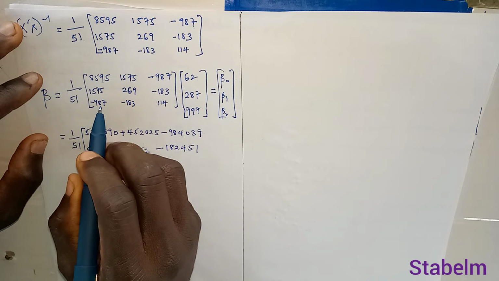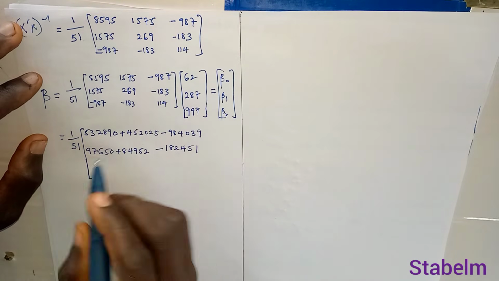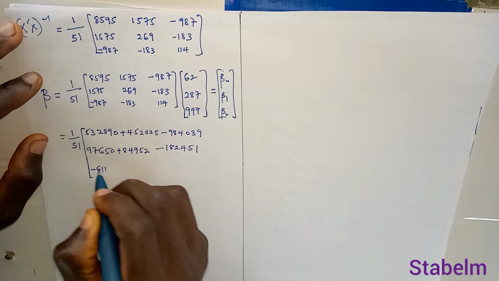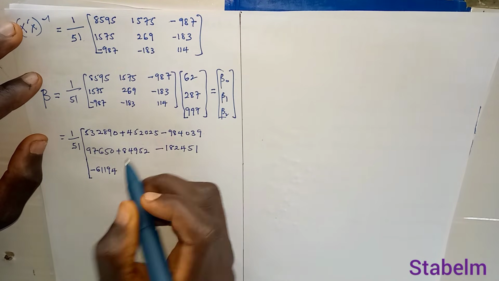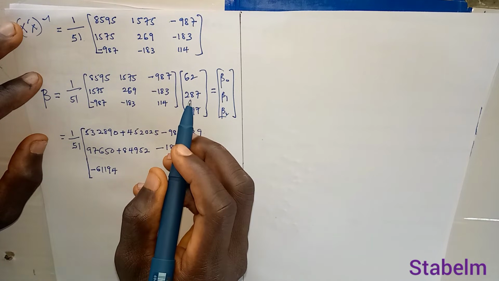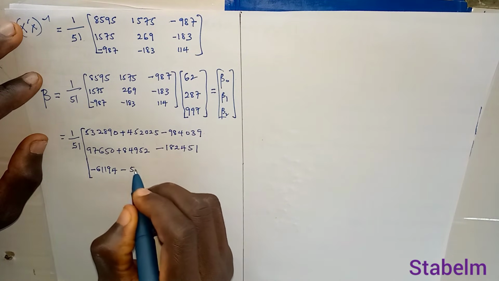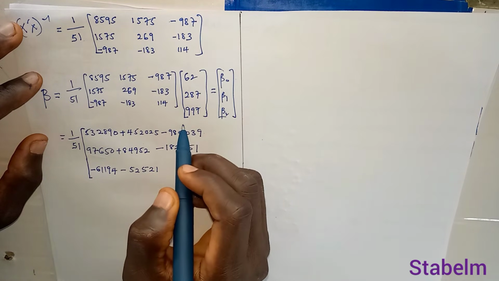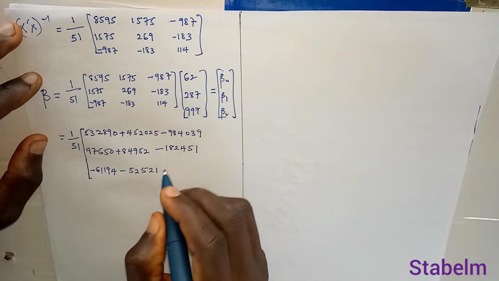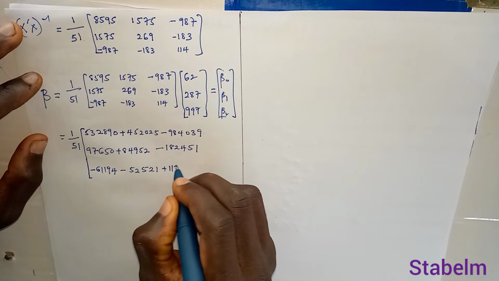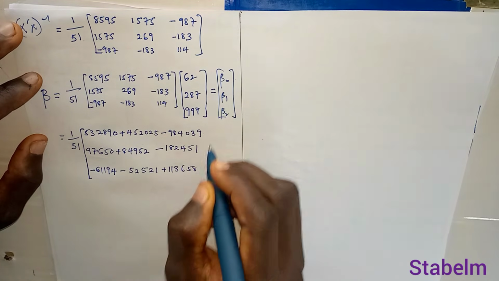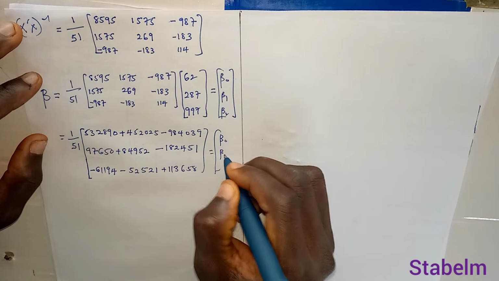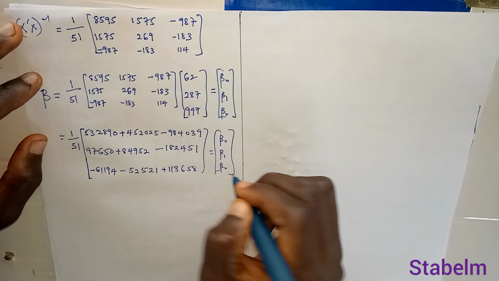Now minus 987 multiplied by 62 will give us minus 61194, minus 183 times 287, that will be minus 52521. 114 multiplied by 997 will give us plus 113658. By the time we simplify this, we're going to get beta naught, beta 1, beta 2.